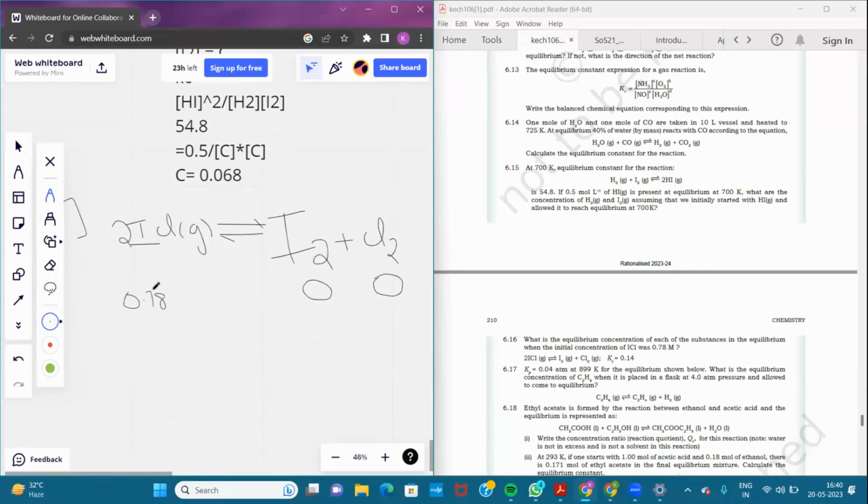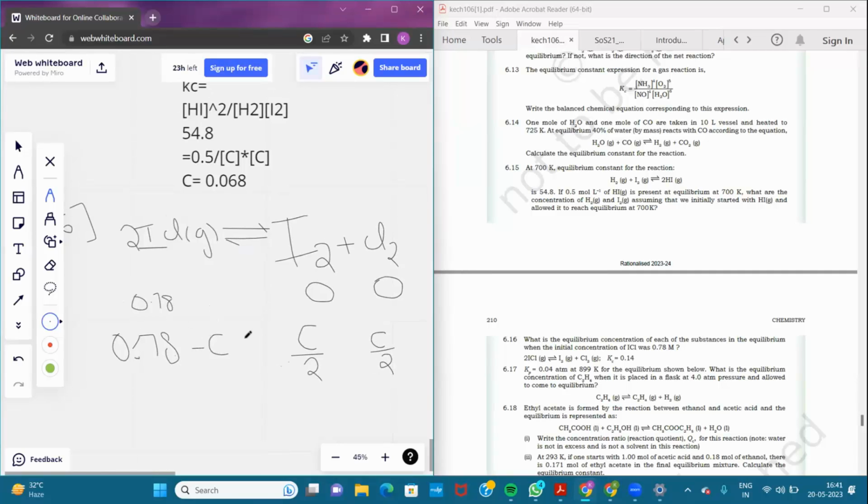After occurrence of the reaction at equilibrium condition, let us consider that some C concentration was reacted. So C by 2 concentration of I2 will be formed here. Here also, as per the stoichiometry, I am writing C and C by 2.